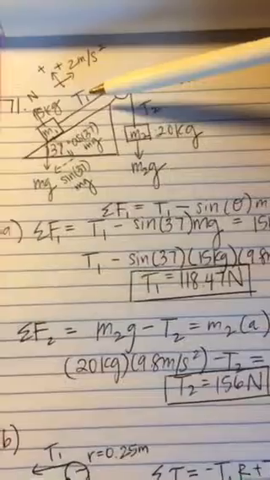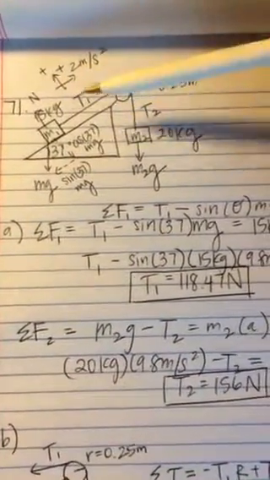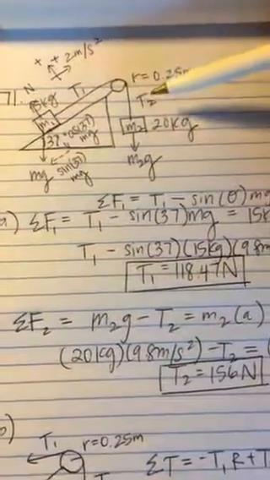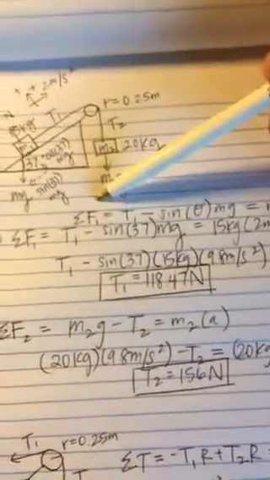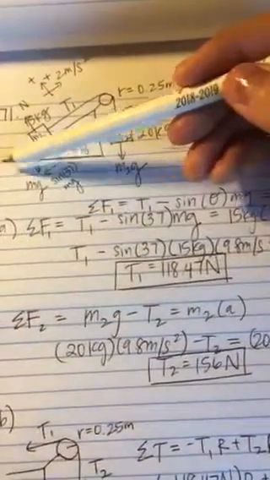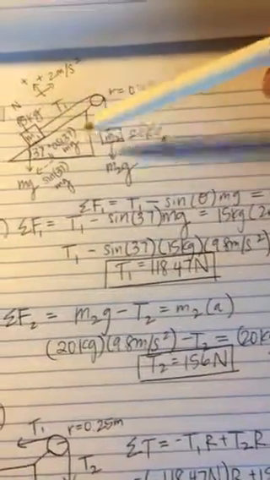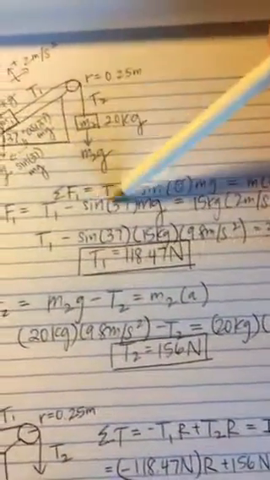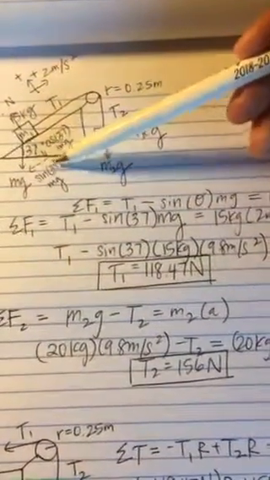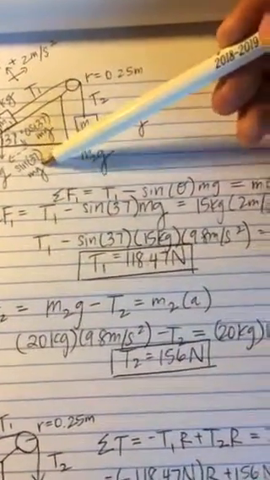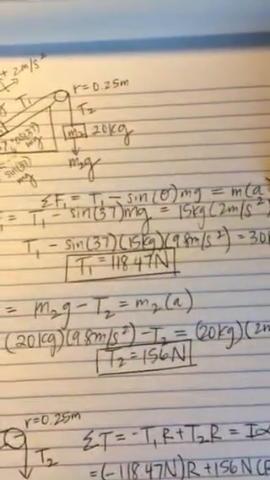So the first thing they want you to ask is just simply, we're doing sum of forces equals mass times acceleration, net force equals mass times acceleration, in order to find tension 1 and tension 2. So first, I'm finding tension 1. The sum of the forces in specifically this x direction equals tension 1 positive, because it is pulling in the direction of motion, minus sine 37 or sine theta mg equals mass times acceleration.